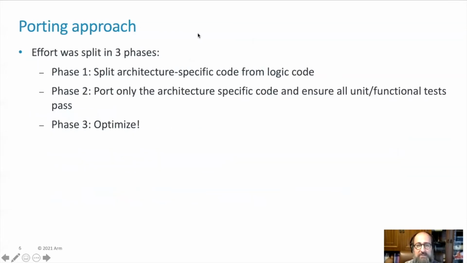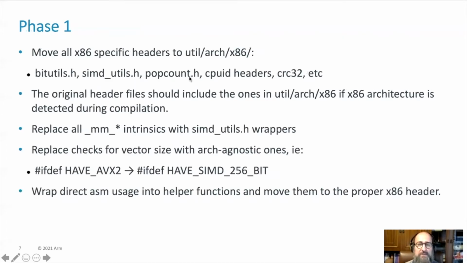Now, in order to ensure upstreamability, the porting approach was split in three phases. Phase 1: splitting the architecture-specific code from the logic code. Phase 2: port only the architecture-specific code, and ensure all unit functional tests pass. And phase 3, of course, was the optimization phase. Phase 1 involved most of the refactoring in order to eliminate most x86 specifics from the algorithm code. A very important step of that was to replace all x86 intrinsics and x86 assembly with wrappers.